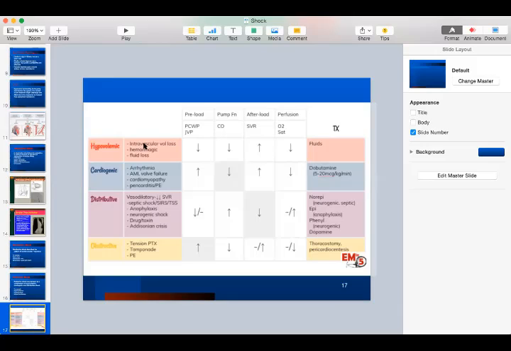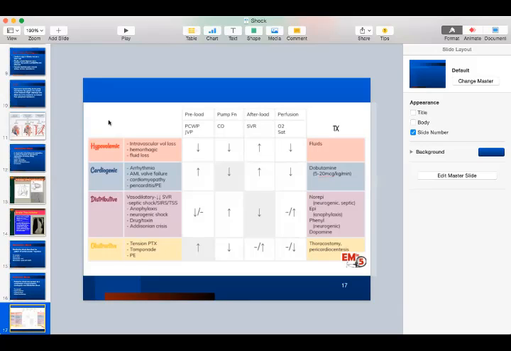So if you're looking at hypovolemic shock, we have an intravascular volume loss, hemorrhagic and fluid loss. As we discussed, it could be either hemorrhagic or non-hemorrhagic. Diarrhea as well, and ketoacidosis, could inform the shock.